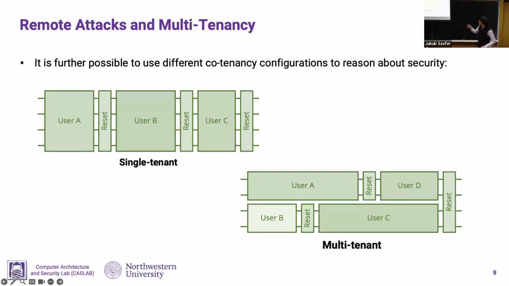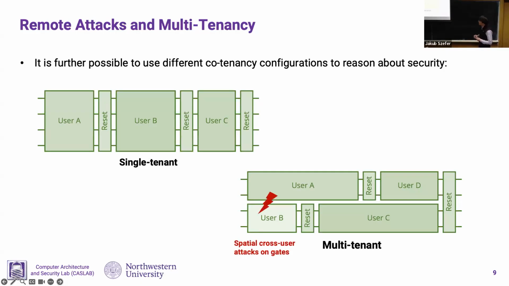In general, we can have either a single tenant scenario where the user runs on the qubits, then the qubits get reset, and then another user runs, and so forth. This is basically how quantum computers run today. You execute your job, the machine gets reset, and then another user runs on the machine. Or you have a multi-tenant scenario where different users are running in parallel on different subsets of qubits.